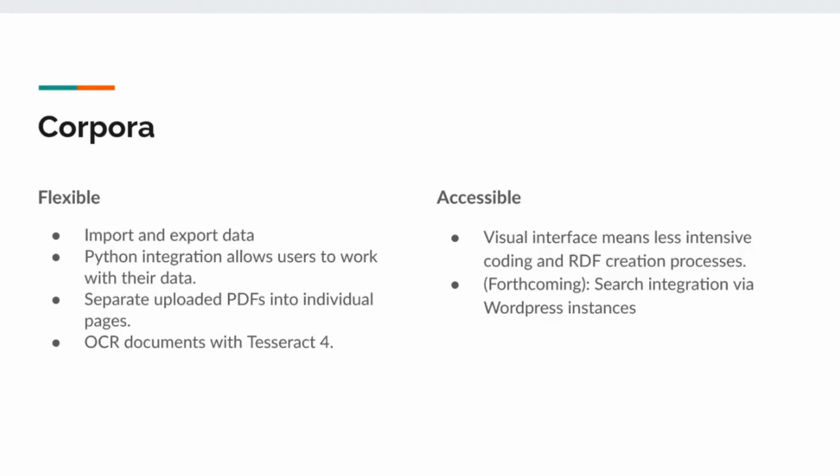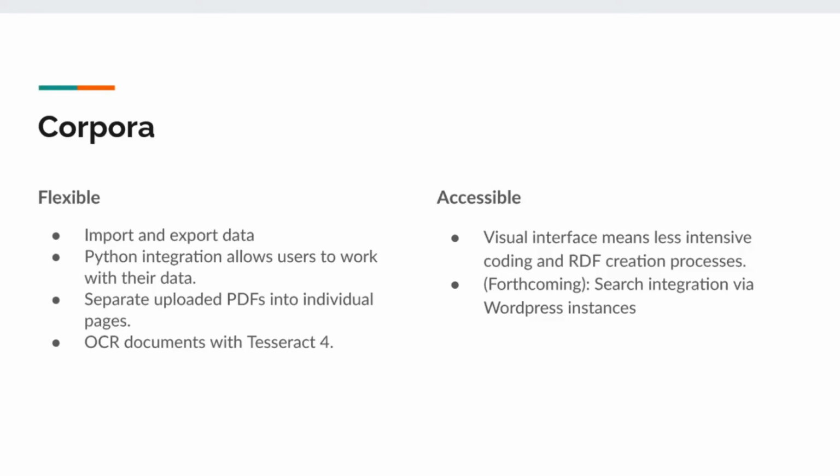So data can be imported to Corpora from pre-existing projects, as Brian showed just a little bit ago. And Corpora's Python integration means that the data can be easily manipulated, examined, and analyzed. And for newer projects, artifacts can also be uploaded as PDFs and OCR'd within Corpora.